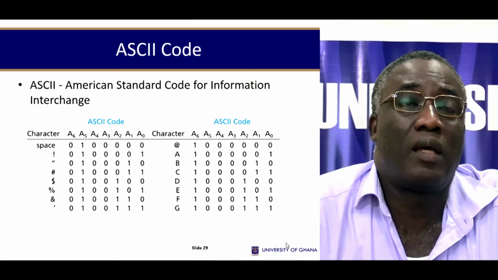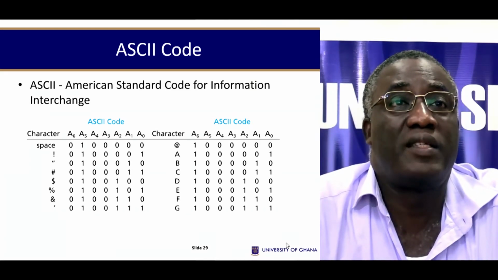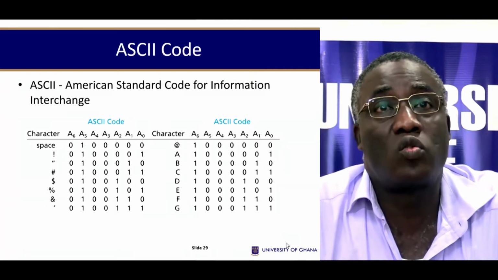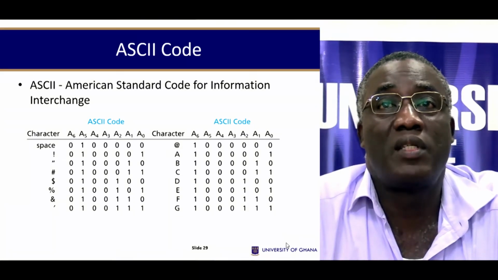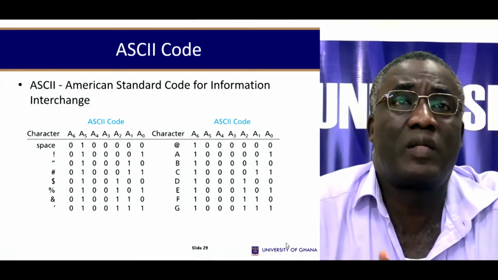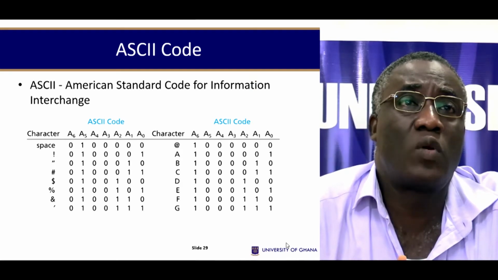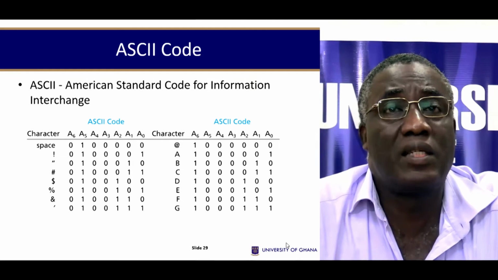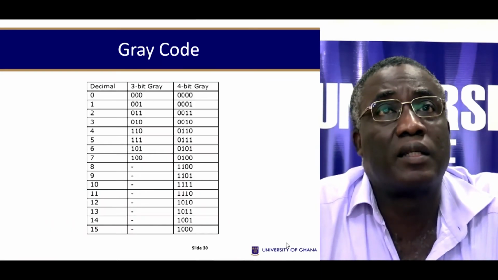If you use an exclamation sign on your keyboard, the code for that is 01000001, and so on and so forth. A capital A will be 1000001. So all the characters that we have are given special codes, and these are the codes that you normally find on your keyboard. This is called the ASCII code, or the American Standard Code for Information Interchange.